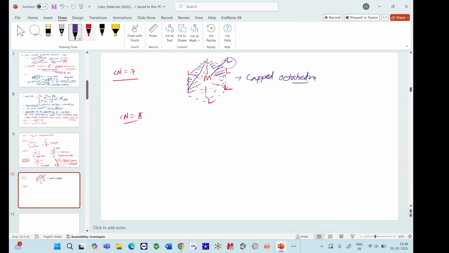So there is one ligand or one point outside. This is called single cap octahedra, but monocapped. It will be better to say monocapped octahedra. And then if you have 8, you can increase one more.